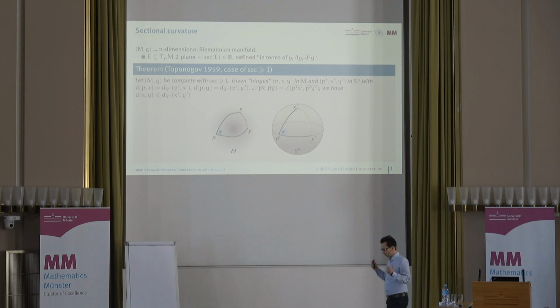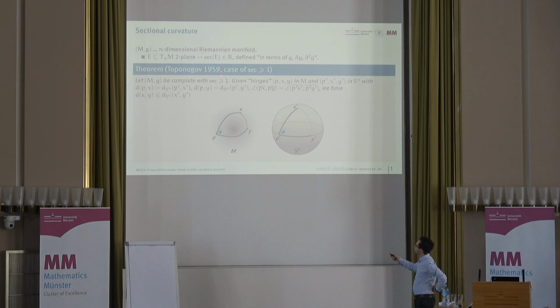Now, this is sort of the strongest curvature notion that you could imagine, the sectional curvature. And I eventually want to come to the scalar curvature, which is much weaker, but there will be one step in between, and that's the Ricci curvature. But before I do that, I want to also consider a different kind of situation.